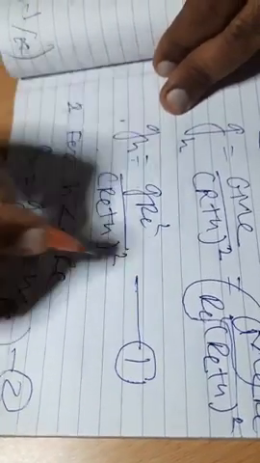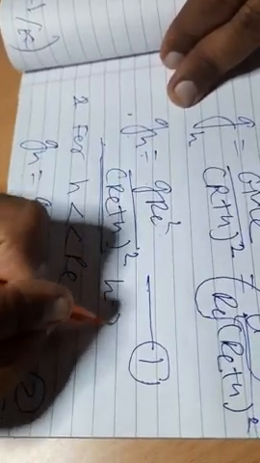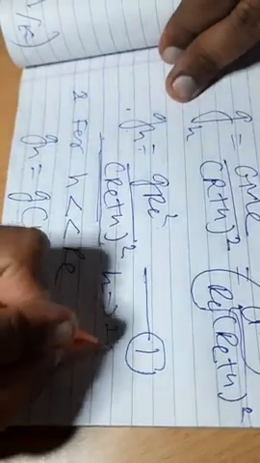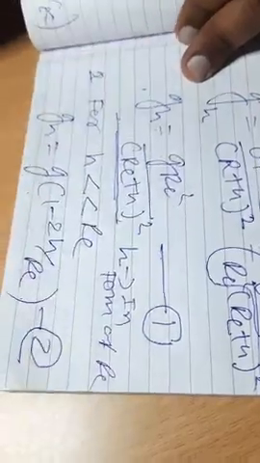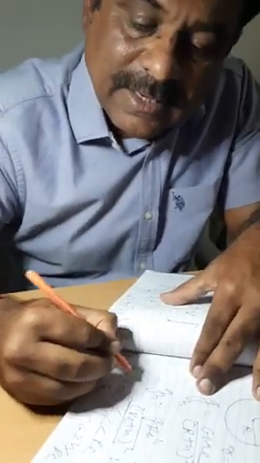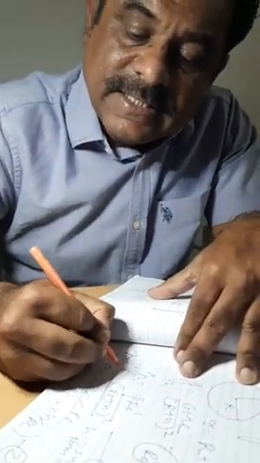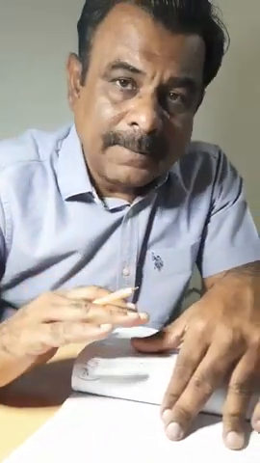You will use the second formula when h is given in terms of Re. Like, what is g at height equal to radius of Earth? What is g at height equal to diameter of Earth? In that case, you will use this formula. Or another case, when gh is given in terms of g, like at which height g reduced to half, at which height g reduced to 1/3.